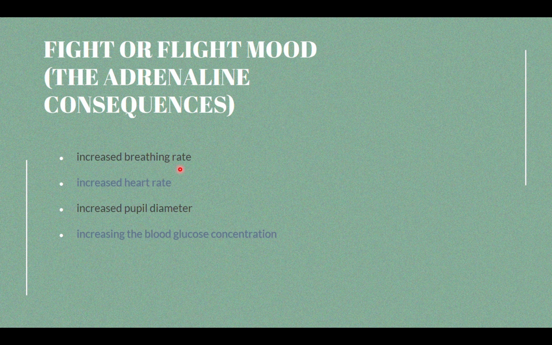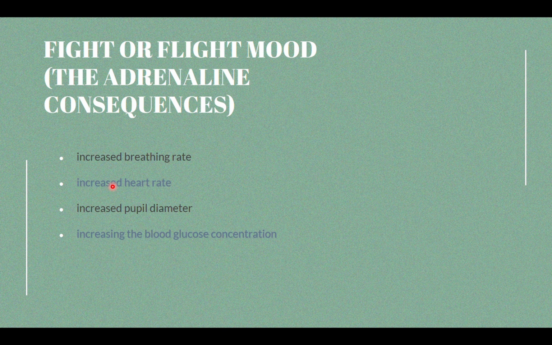So the breathing rate will increase and the heart rate will increase. The points written in blue have some association with extended students. But if you're not extended, you still need to know these points, but you will not know deeper details about them.